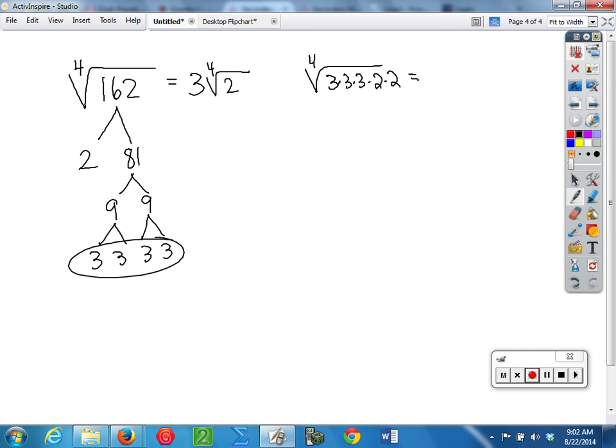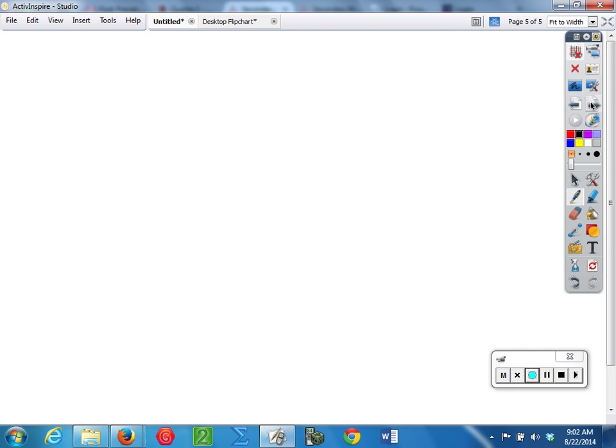Okay, the other thing we're going to do is fraction exponents. So you guys have to remember some of the rules of exponents. Like if I have x squared times x cubed, what do you do with the exponents? 2 plus 3, so I get 5.